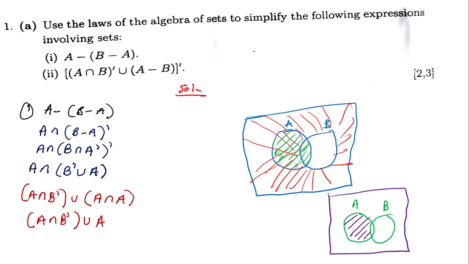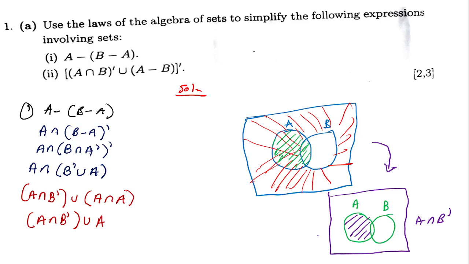Now what we need to understand is that after we have found A intersection B complement, we also need to unify this expression. We need to find the union of this and A. So A is there, B is there, and this is your universal set.